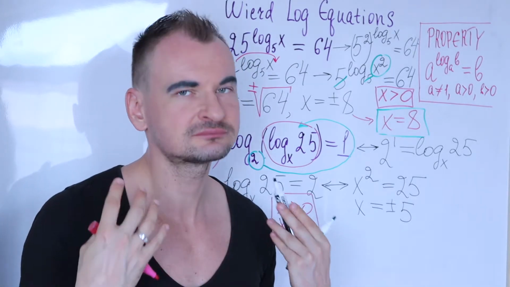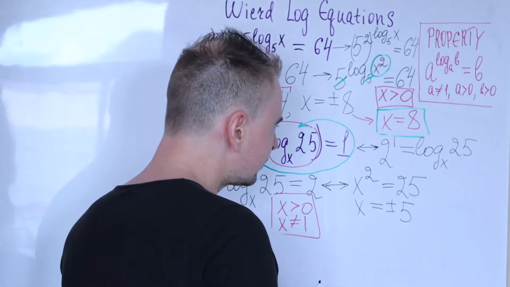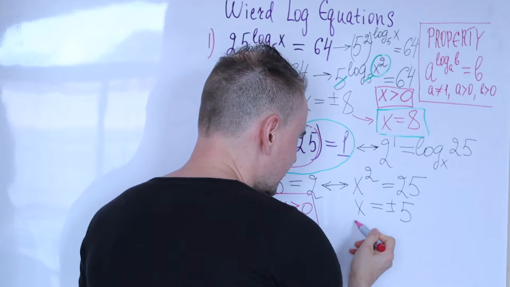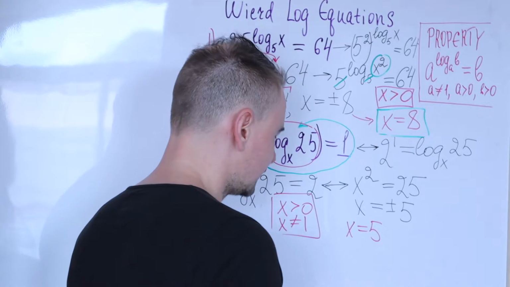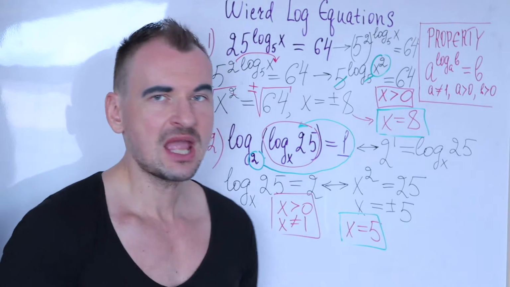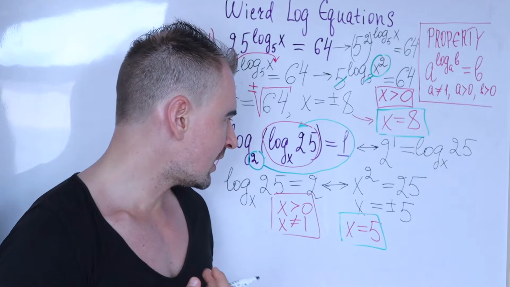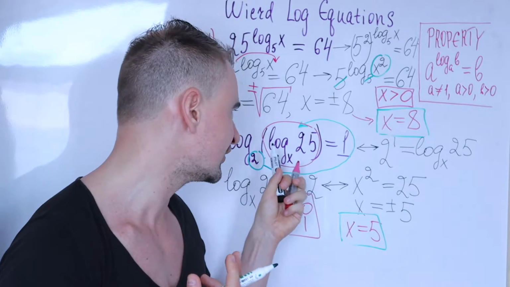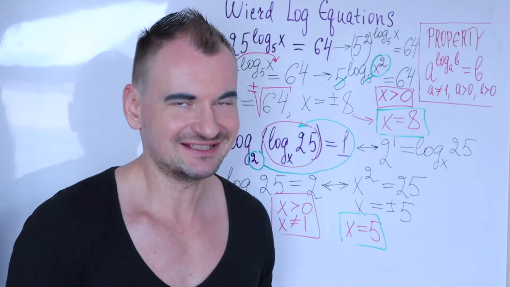You will be left with just x equals 5. That's your only root for that log equation. And at this point, if you like, you could check it by substituting x equals 5 into your original equation, and everything works.